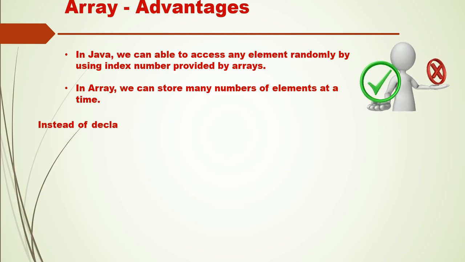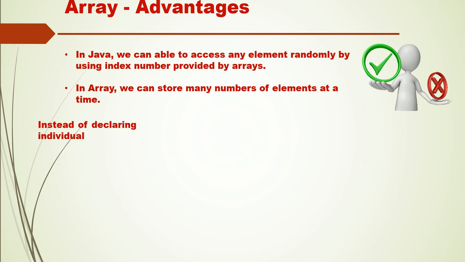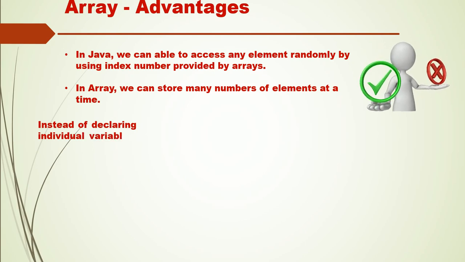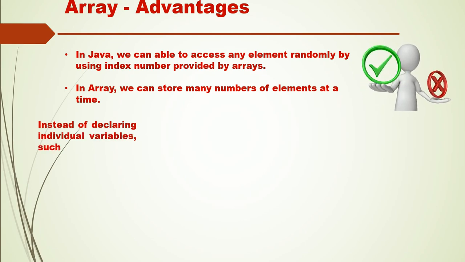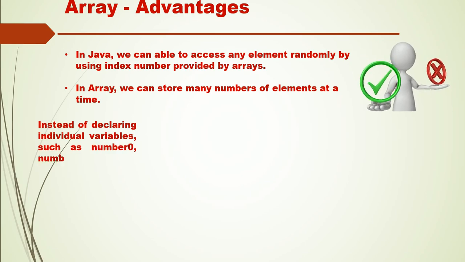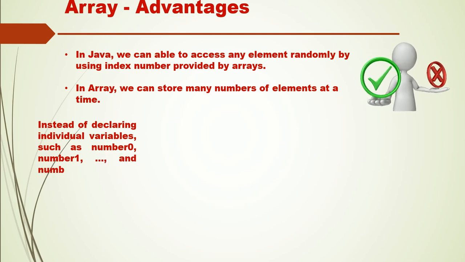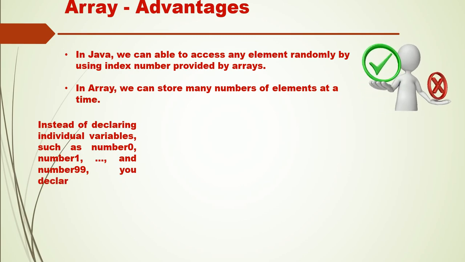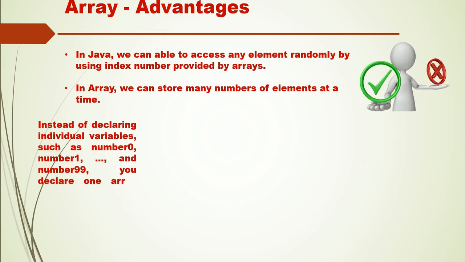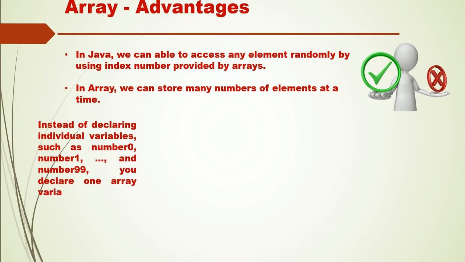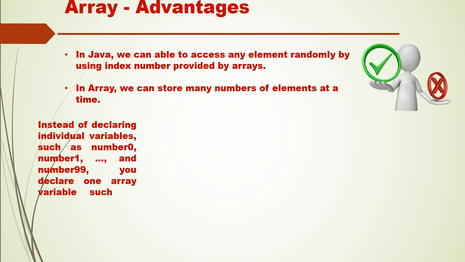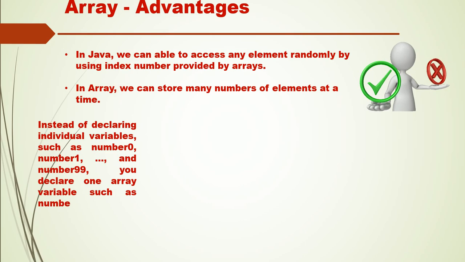Now, instead of declaring individual variables such as number 0, number 1 and so on, up to number 99, you declare one array variable such as number.